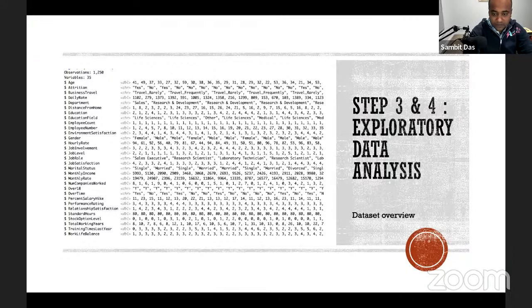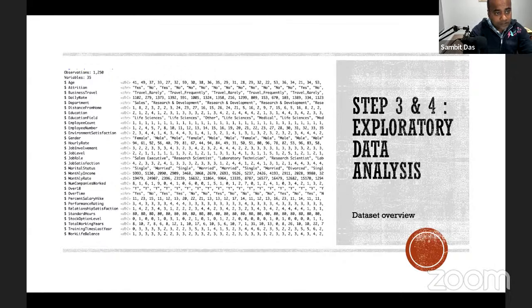It is freely available, and I've used this for my modeling work. This is just an example snapshot of the data set. For my modeling work, I have used RStudio, but it can be developed in Python as well. For my app, I have used RStudio.